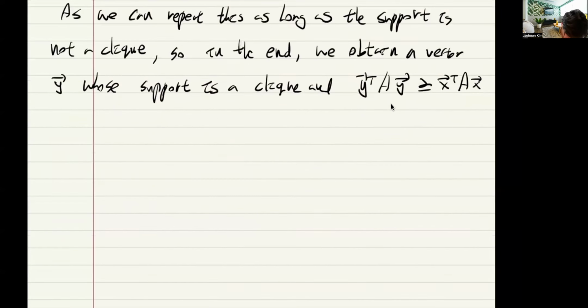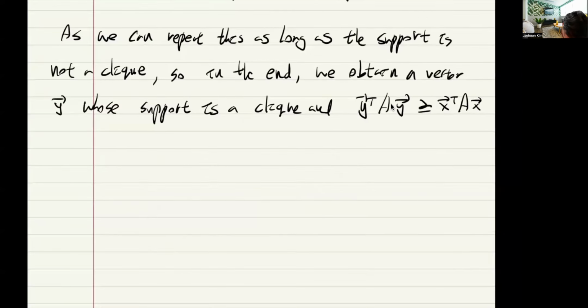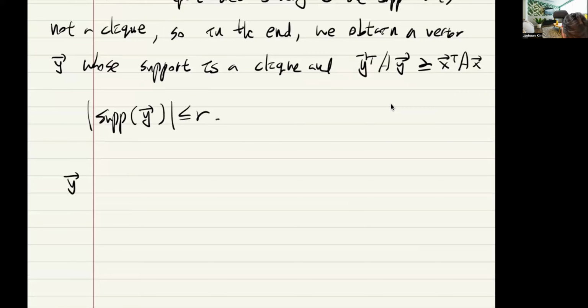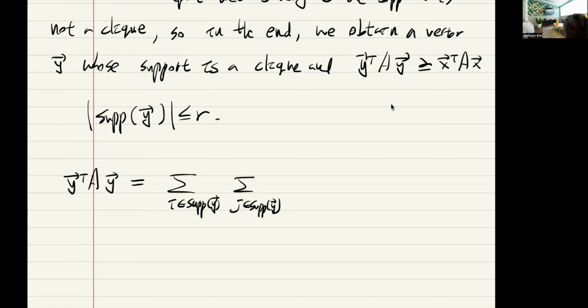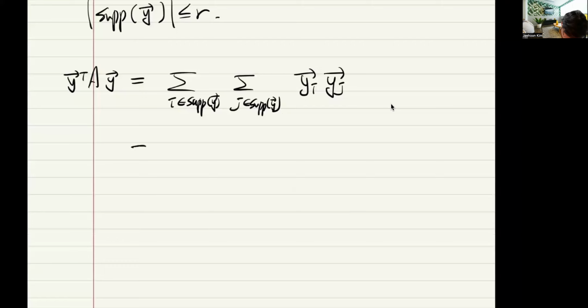Then what do we know? As this supports a clique, it has size at most r, because we assume that the largest clique in G has size r. Furthermore, again, this quadratic form is, for all i in the support of y and for all j in the support of y, you multiply i's coordinate of y and j's coordinate of y and add.